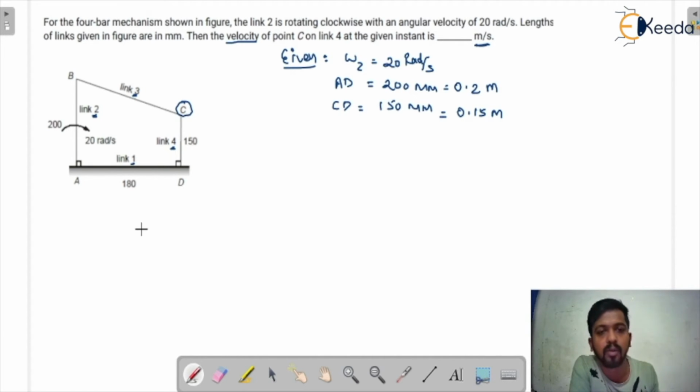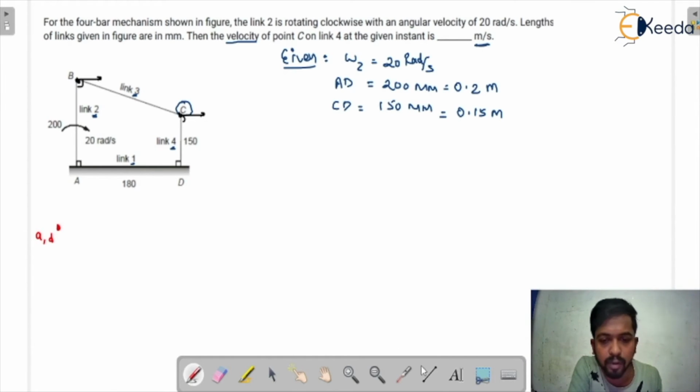I already told you how to draw the velocity diagram. Every point has its velocity direction perpendicular to the link. That is perpendicular to that link, and that is also perpendicular to that link. Now if you draw the velocity diagram, I'm going to consider this link AD as a point, and I already told you that you have to use small letters when you draw the velocity diagram.